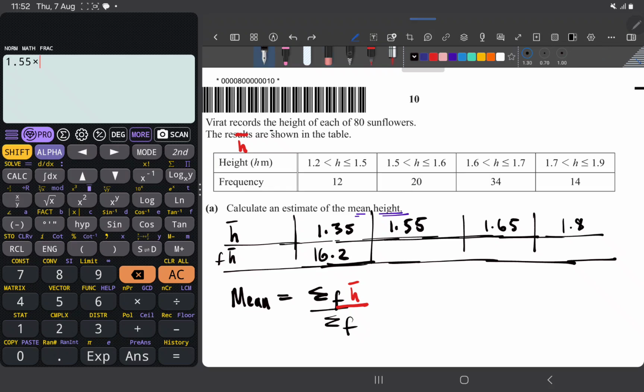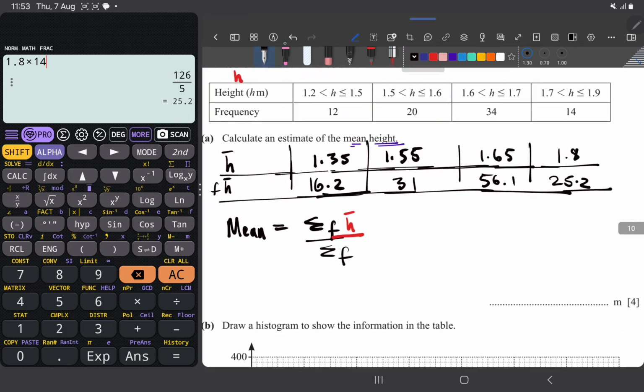So 1.55 times 20, you get 31. Then 1.65 times 34, that's its frequency, you get 56.1. Then 1.8 times its frequency, 14, you're going to get 25.2.